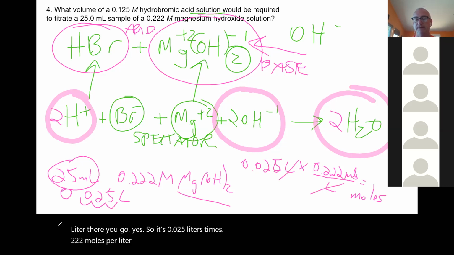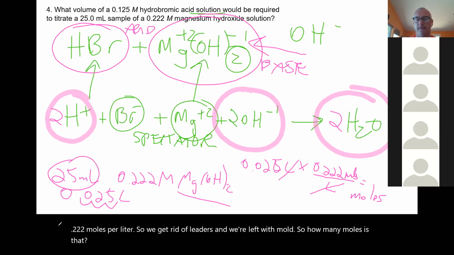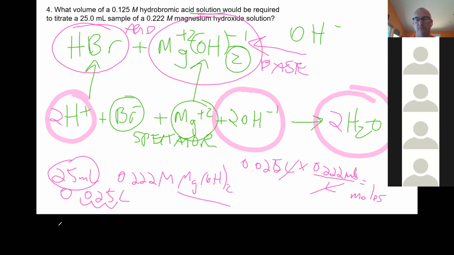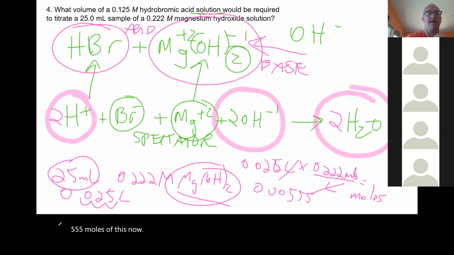So we get rid of liters and we're left with moles. So how many moles is that? 0.00555 moles of this. Now, we still got some work to do.